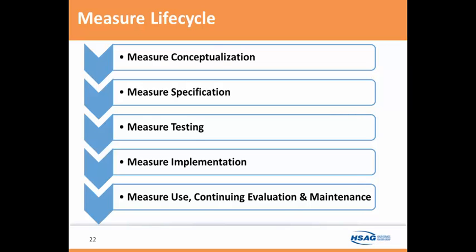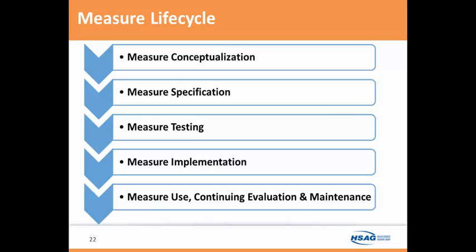After development is measure implementation. Measure implementation includes the submission of a measure to the National Quality Forum for endorsement, the CMS selection of the measure for use in Medicare programs, and measure rollout. Finally, there is measure use, continuing evaluation, and maintenance to ensure that the measure continues to add value to quality reporting programs and that measures are up to date with the latest research and guidelines.